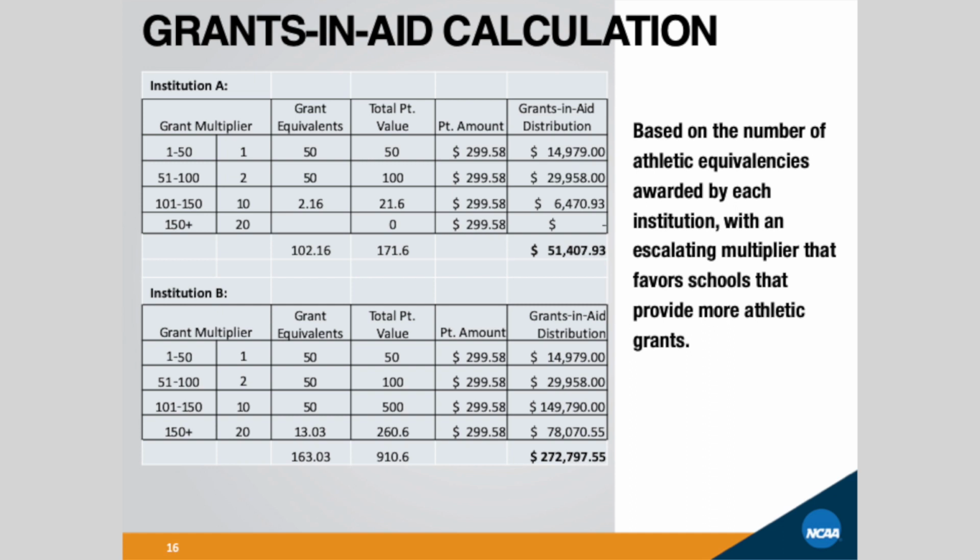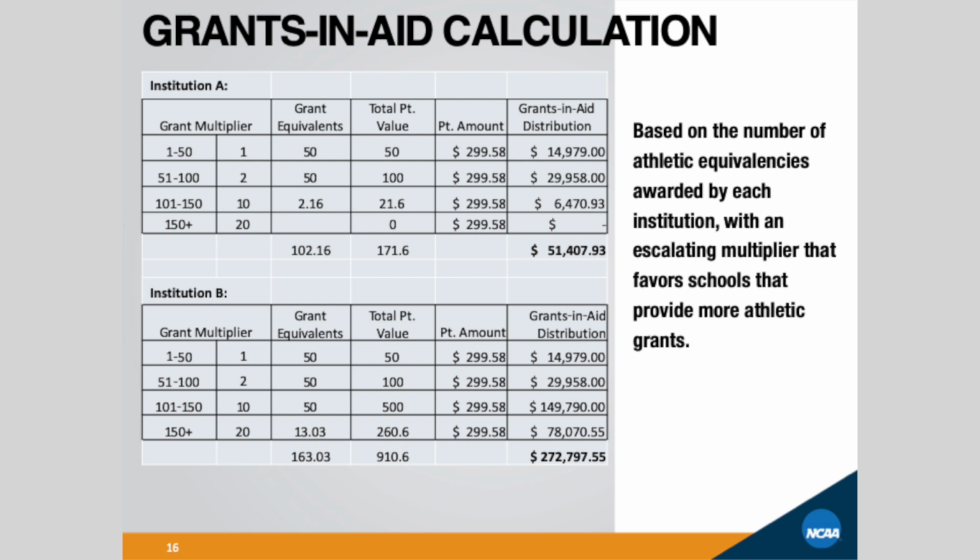For Institution B, we will skip to Tier 4. The 4th tier of 50 and thereafter is worth 20 points. Institution B has 13.3 remaining. Therefore, 13.3 will be multiplied by 20, equaling 260.6. 260.6 multiplied by the point amount of $299.58 will yield $78,070.55.